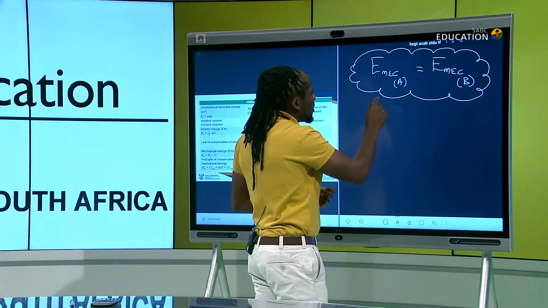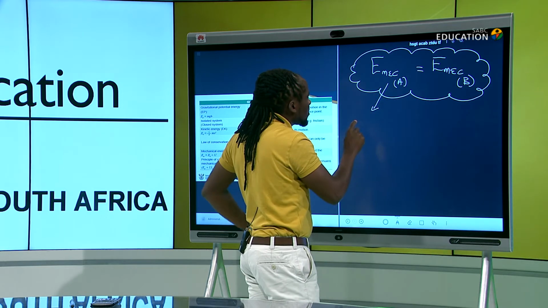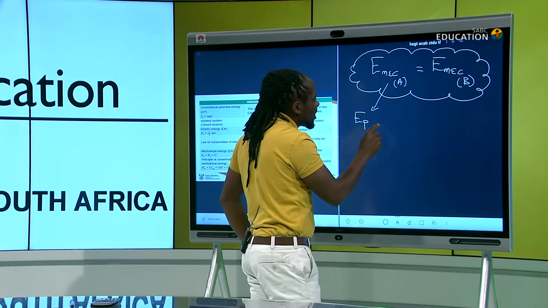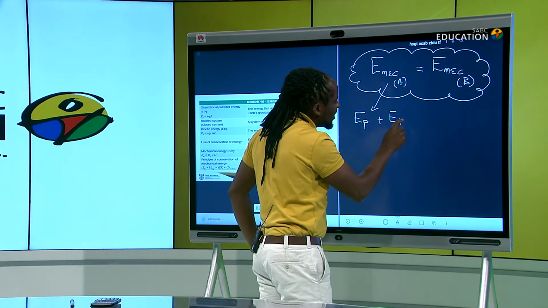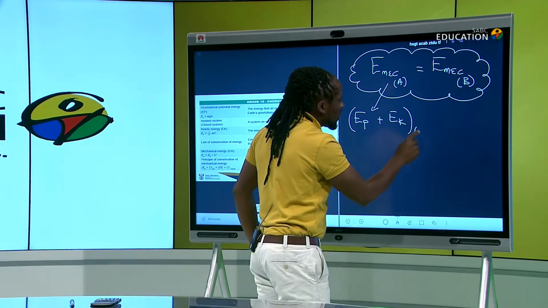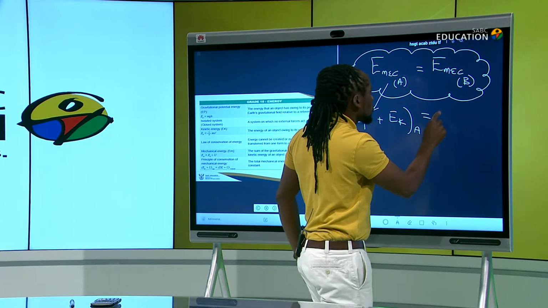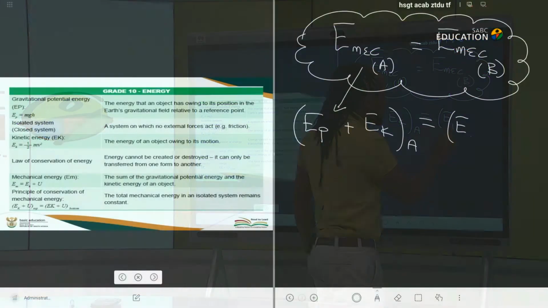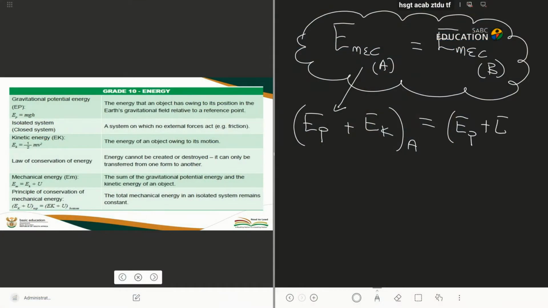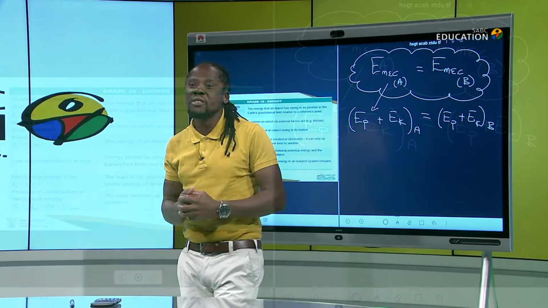But remember, the mechanical energy comprises the gravitational potential energy as well as the kinetic energy at a particular point. This also equals the gravitational potential energy plus the kinetic energy at a different point, provided the system is a closed system.